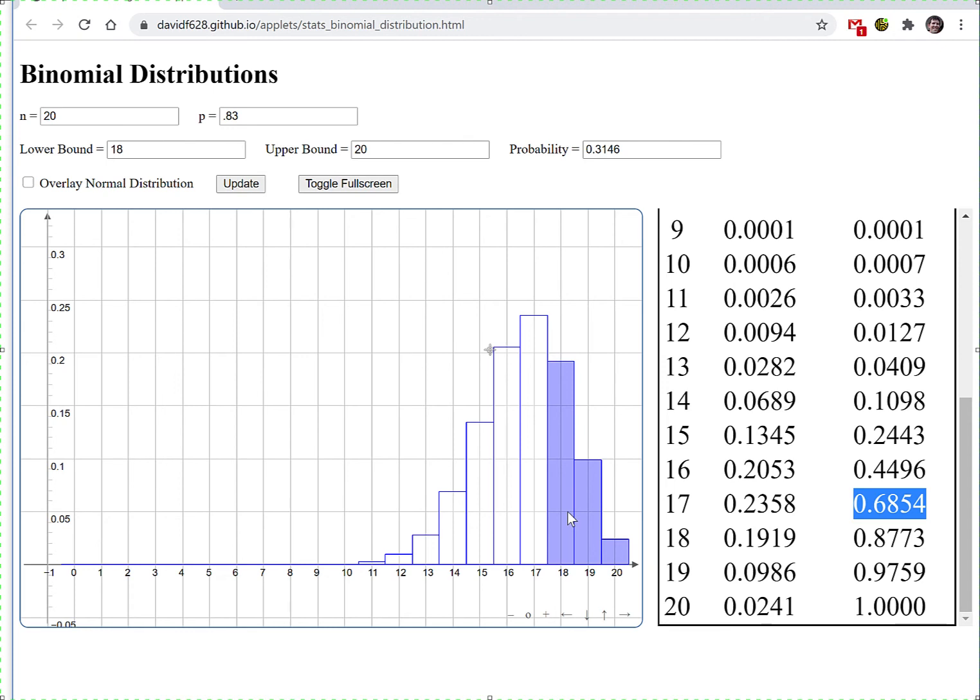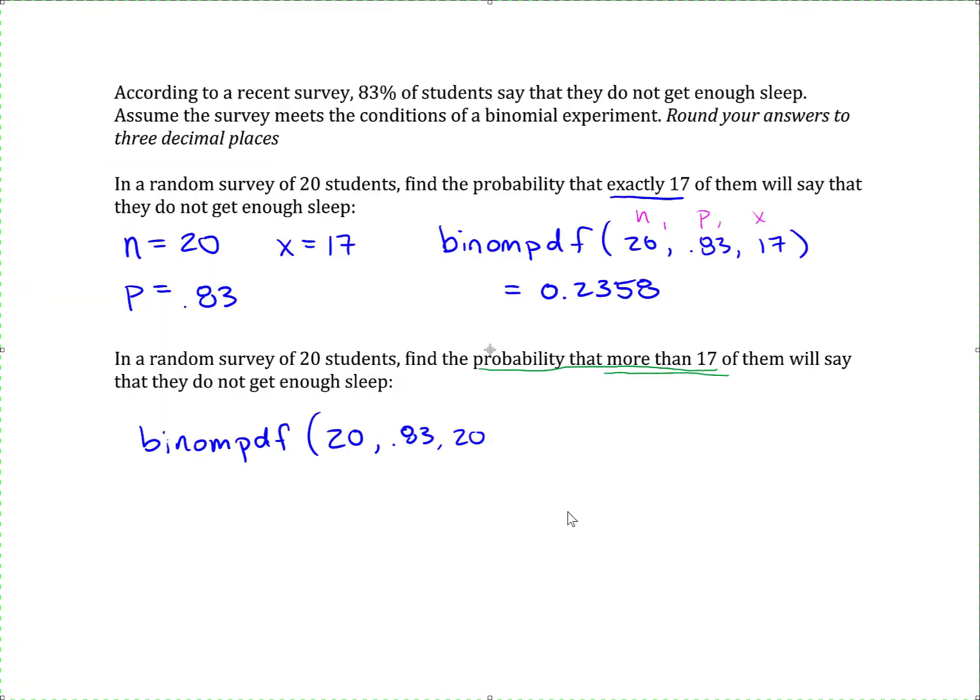So what I can do to solve this problem is use Binomcdf, and it takes the same inputs. It's still n, p, and x. The value that I want to use for x is the cutoff for the complement of what I'm looking for. So the cutoff for the complement, since I want more than 17. So I want to add up all of the binomial histogram bars.